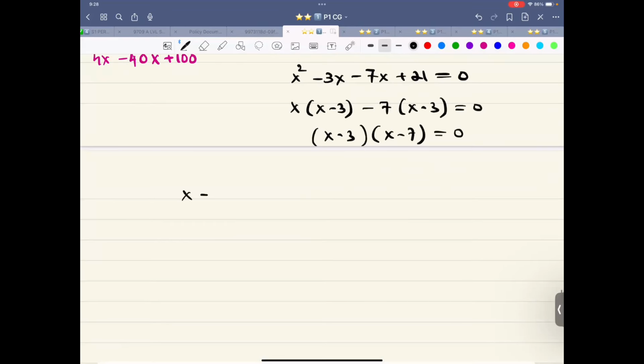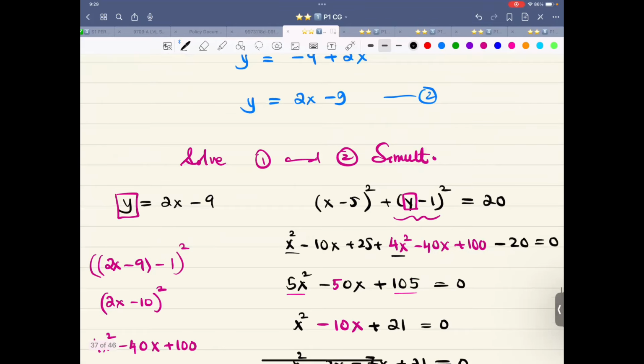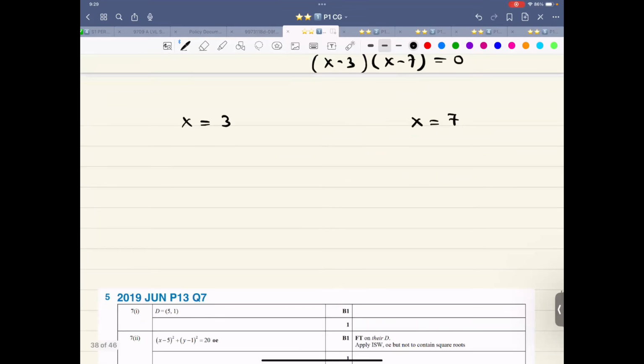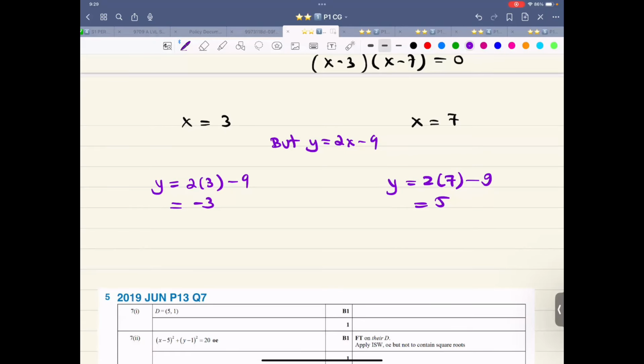Therefore, x is positive 3, x is positive 7. What is y? y is 2x minus 9. So y is 2 into 3 minus 9, 6 minus 9 is negative 3. And y is equal to 2 into 7 is 14, 14 minus 9, which is 5.